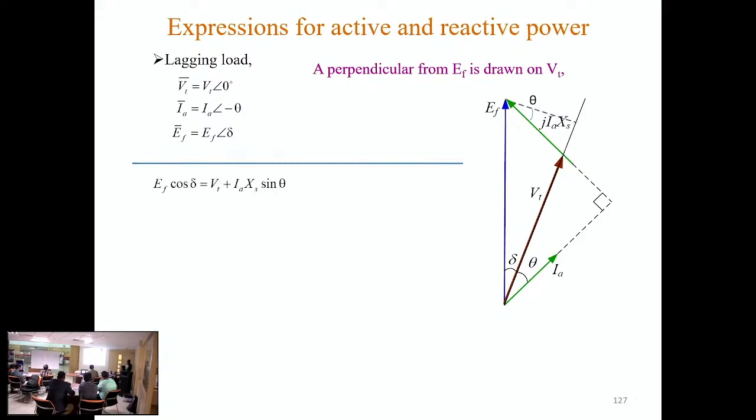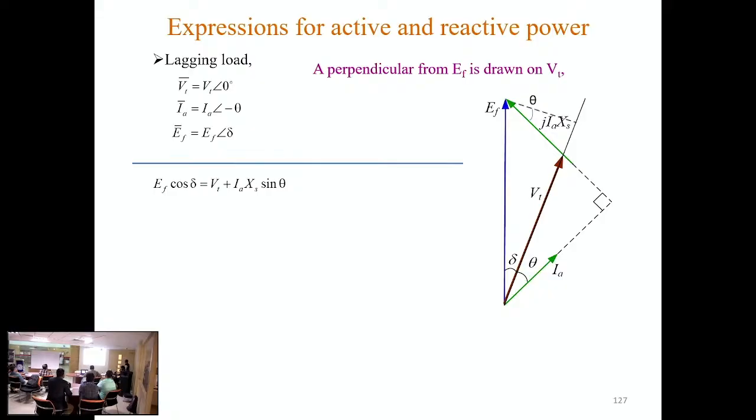Now we can write Ef cos delta. Ef cos delta is this length from this point to this point, which is this point to this point plus this point to this point. From this point to this point it is Vt, and from this point to this point it is Ia Xs sin theta, the sine component of this length.